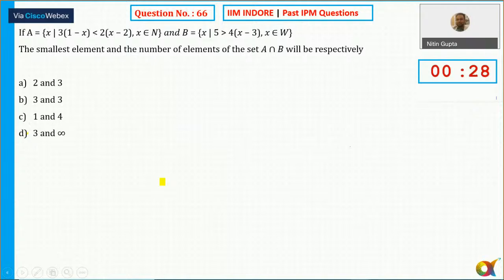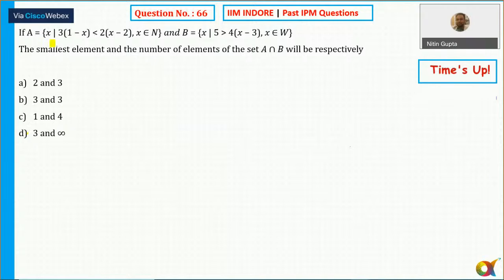Garima is saying C. Okay, check that. Last 14 seconds. Okay, time up.